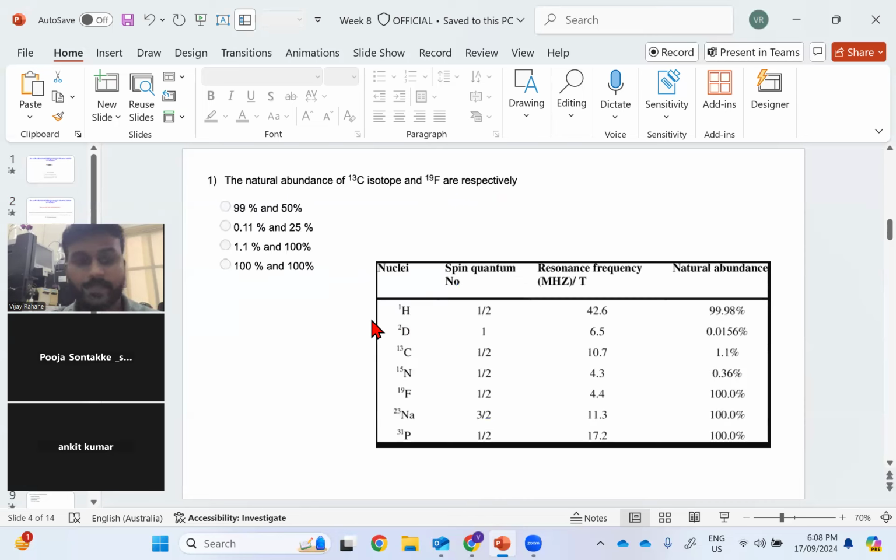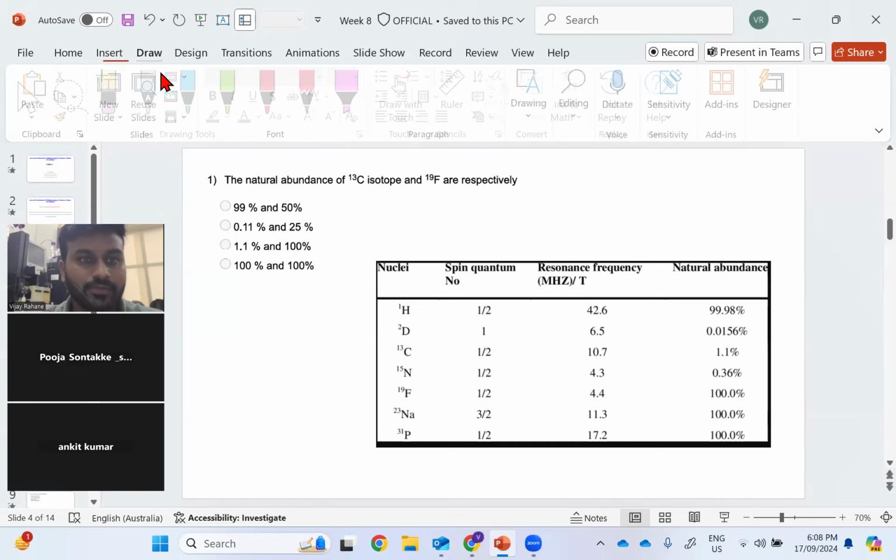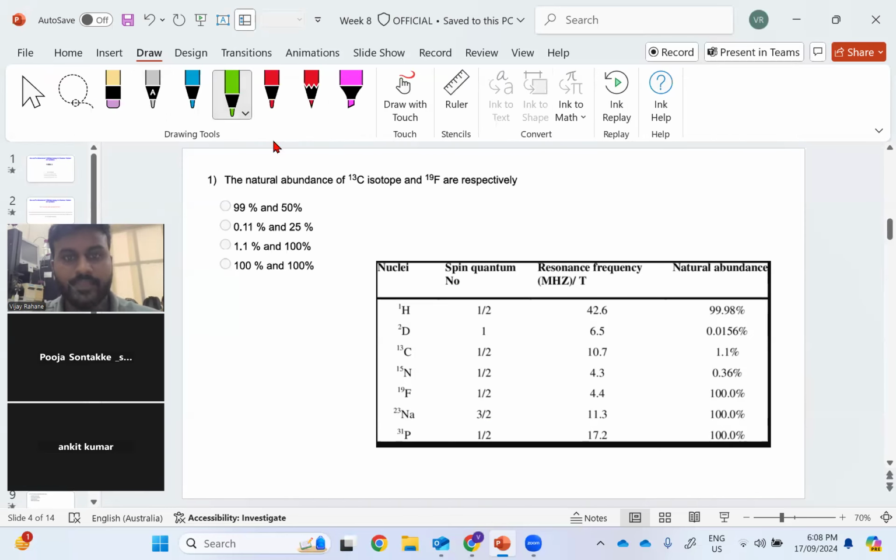I have taken the problems from the assignment. So here is the first question. The question itself mentions the natural abundance of the 13C isotope and the nitrogen 15 isotope. Here is the table which shows the isotopes and the NMR active nuclei, their spin quantum number, as well as the resonance frequency in Tesla, and the natural abundance.